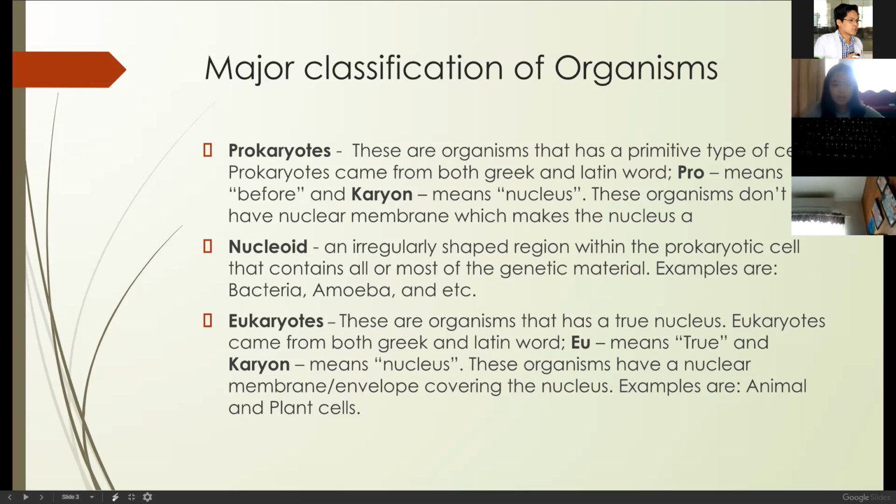If you're going to look at it under the microscope, you can see that at the center of each cell is a nuclear envelope or nuclear membrane bound organelle. Okay, you can see it under the microscope. It is circular usually. Okay, so it has a definite shape. Since this is a true nucleus, animal and plant cells have this one. We animals also have a true nucleus because we are eukaryotes.